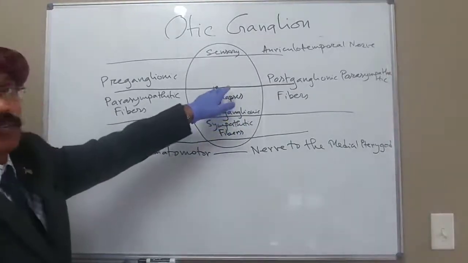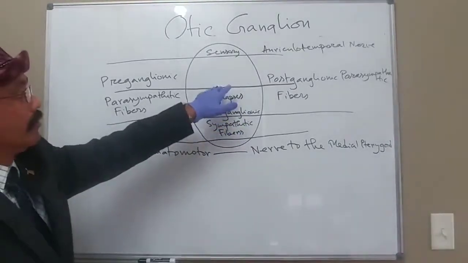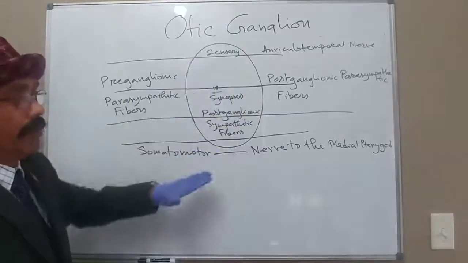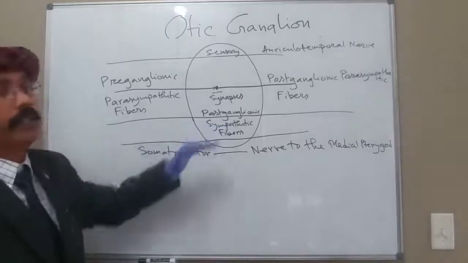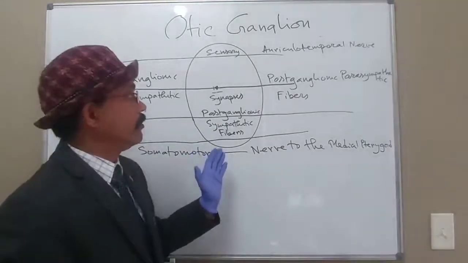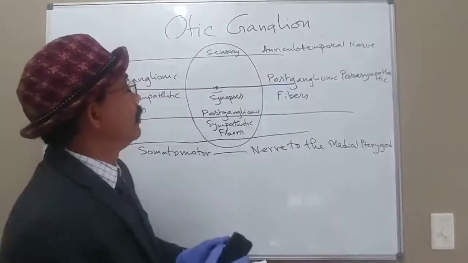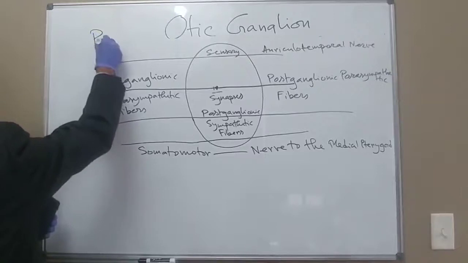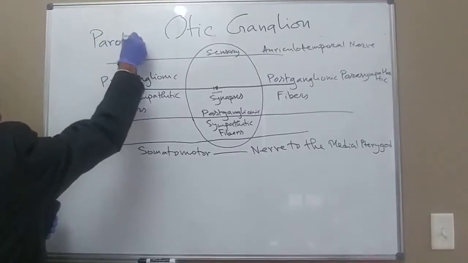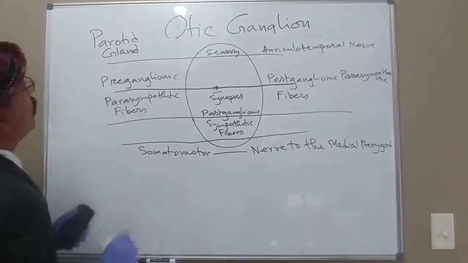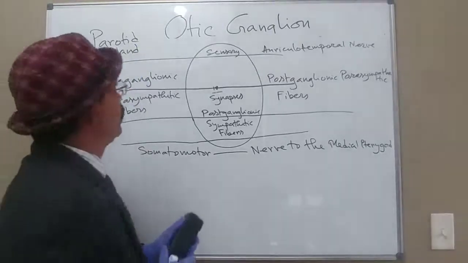Only the parasympathetic fibers synapse, with preganglionic and postganglionic fibers; the other fibers just go through it without any synapse. Most of the innervation is going to the parotid gland. Our target gland is the parotid gland, a salivary gland, the largest salivary gland.